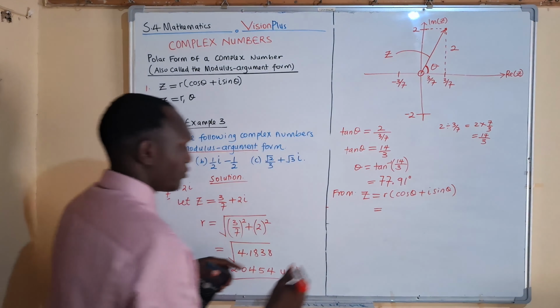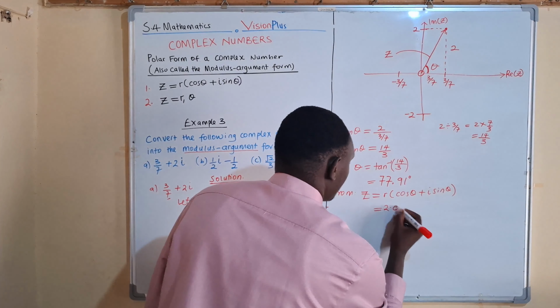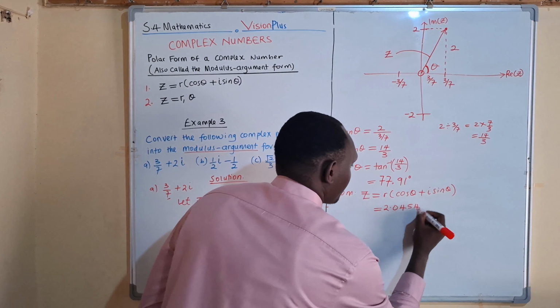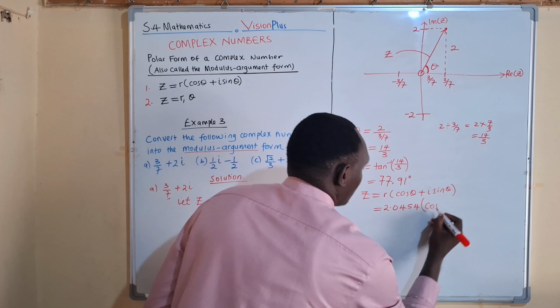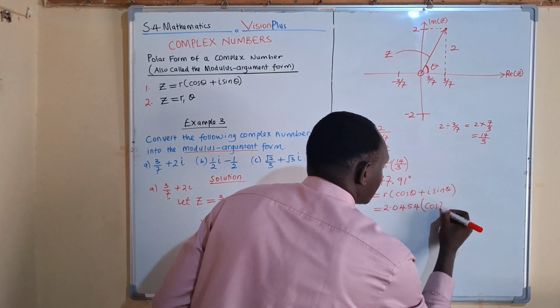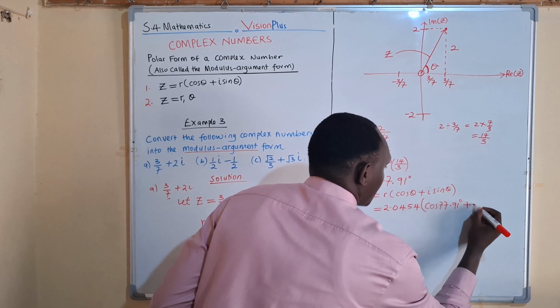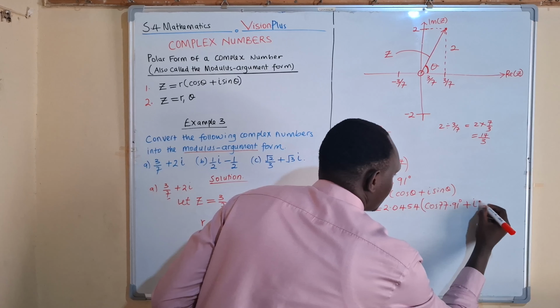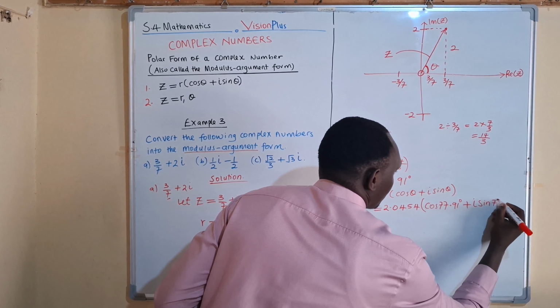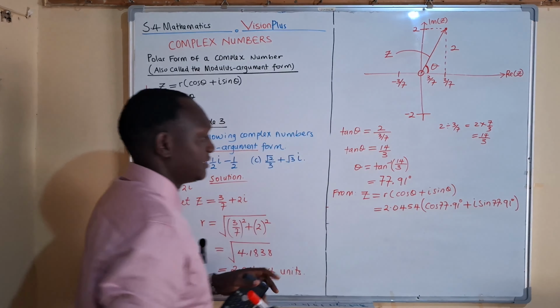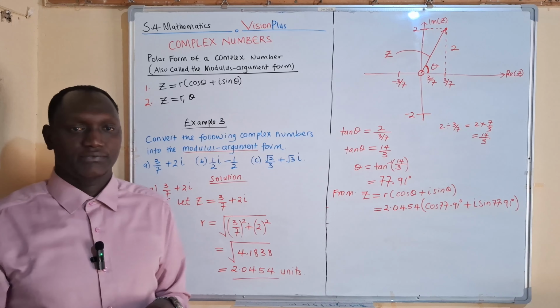The value of r is 2.0454. So 2.0454 into cosine of our angle, 77.91 degrees, plus i, don't forget this i, sine of the same angle, 77.91 degrees. And that is the answer in the polar form.